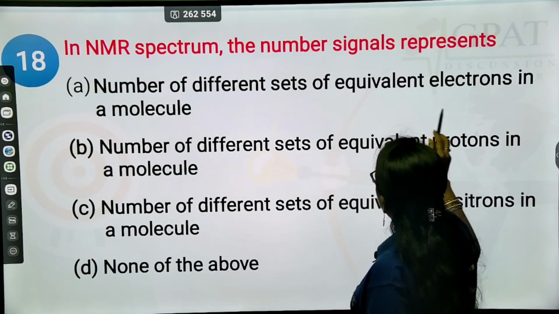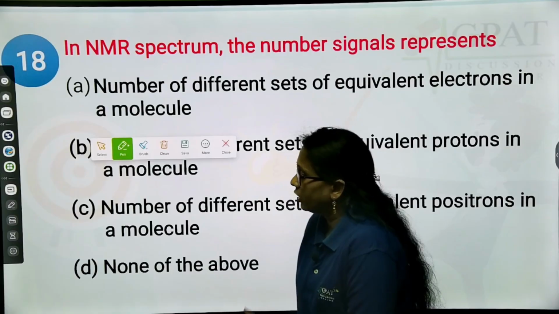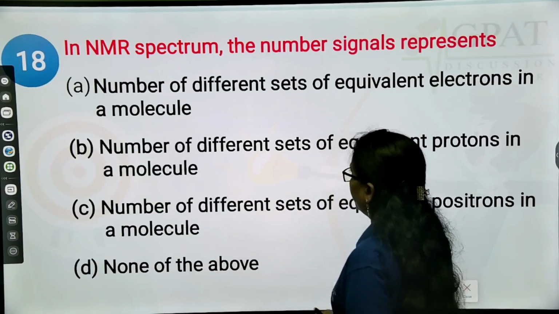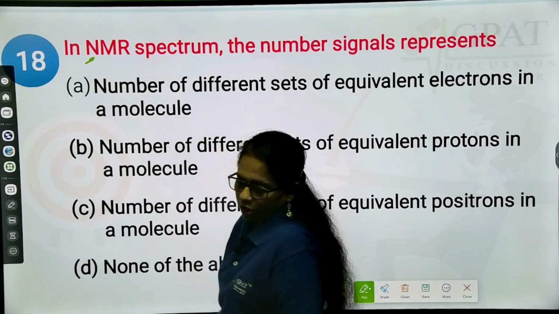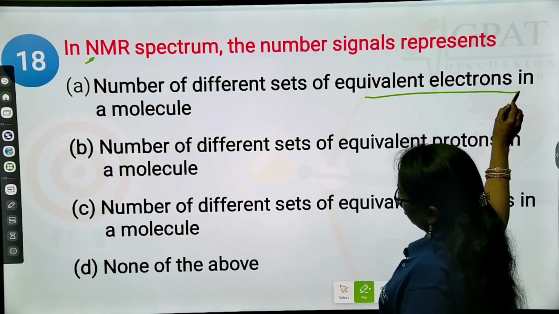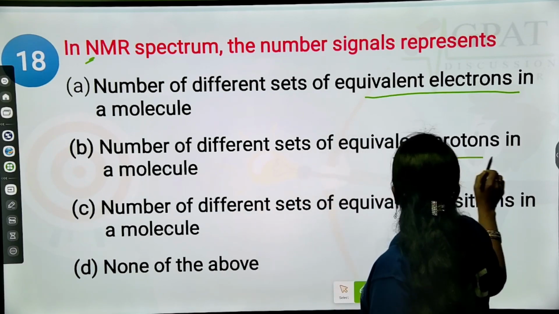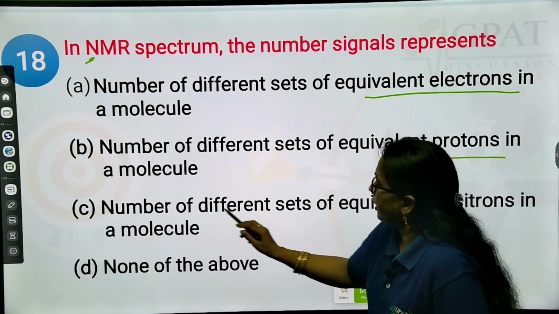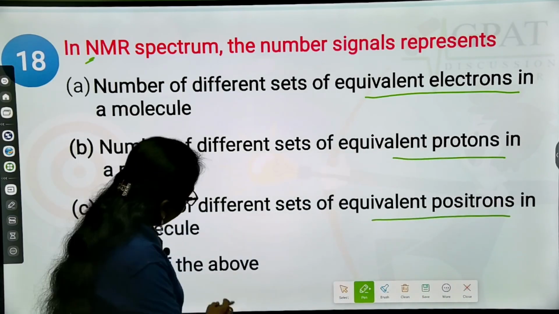Number of different sets of equivalent electrons in the molecule. Nuclear magnetic resonance spectroscopy majorly deals with the nucleus. So here they are telling about equivalent electrons. Let us see the other options. Number of different sets of equivalent protons. C, number of different sets of equivalent positrons of a molecule, or none of the above.